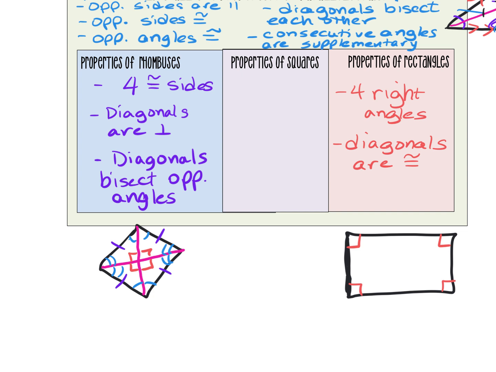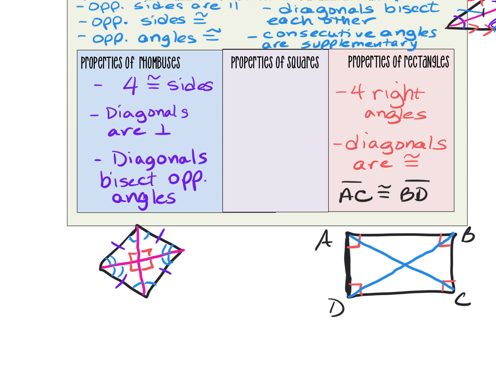We've got the diagonals that are congruent. So let me add in some letters here: A, B, C, D. And because my diagonals are congruent, I could state that AC is congruent to BD.